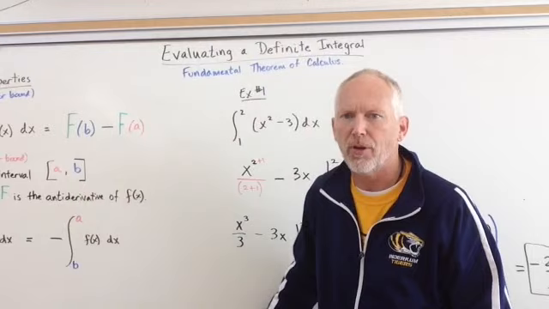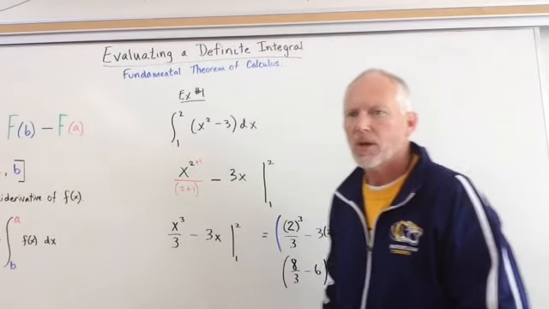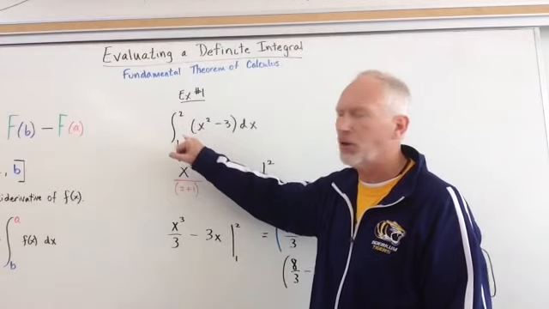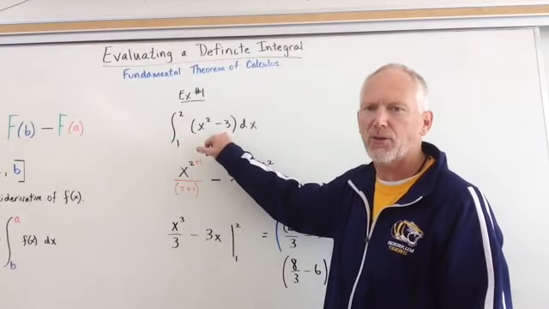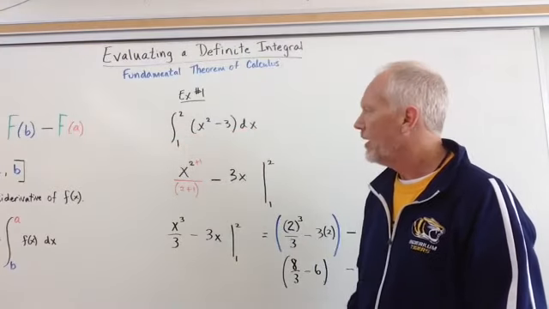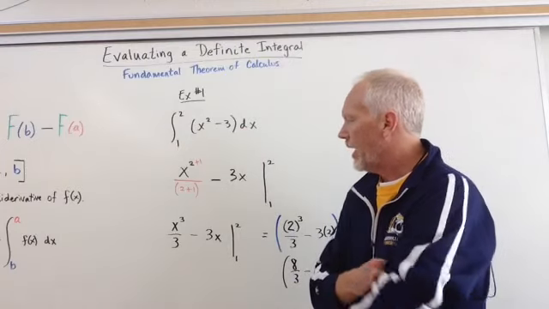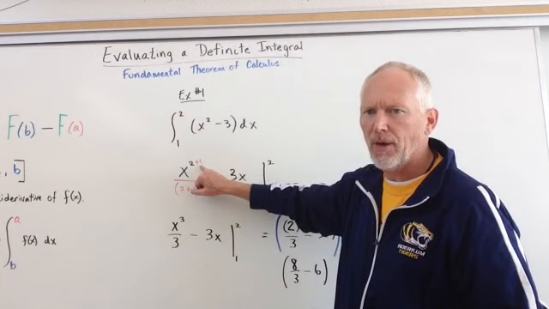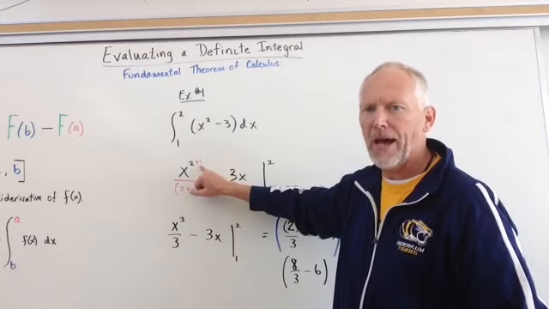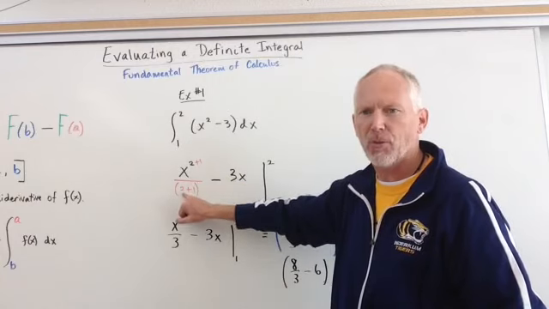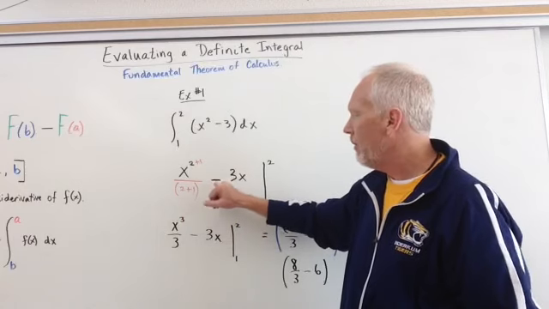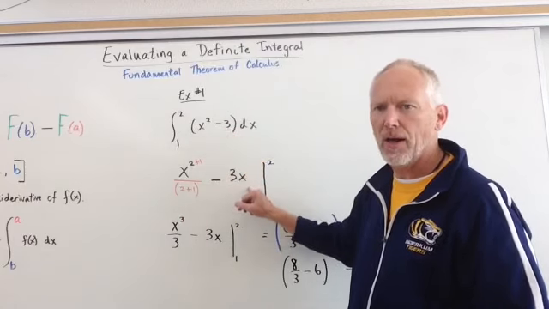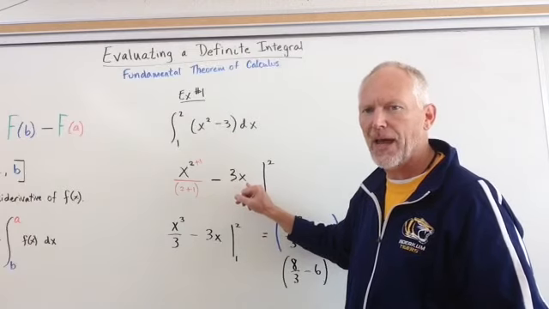Here we go. Example number 1: we have the integral from 1 to 2 of x squared minus 3 dx. We take the antiderivative using the power rule: we add 1 to the exponent 2 and divide by 2 plus 1, and for minus 3, there's no x, so we have to substitute an x in.